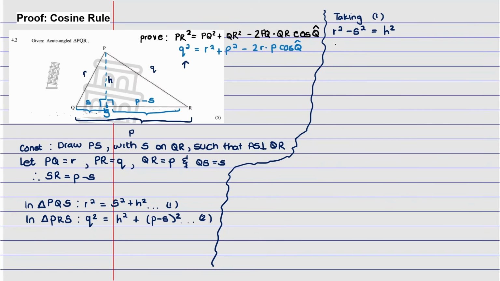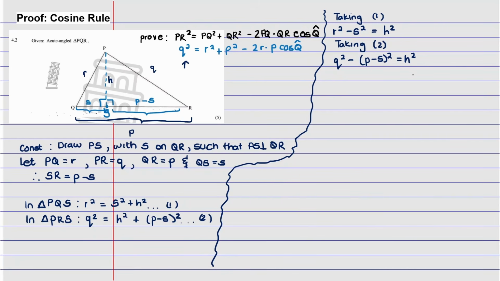Then the other one, taking 2, we need to make H squared the subject, so it's the same as Q squared minus open bracket P minus S all squared, and this is equal to H squared.